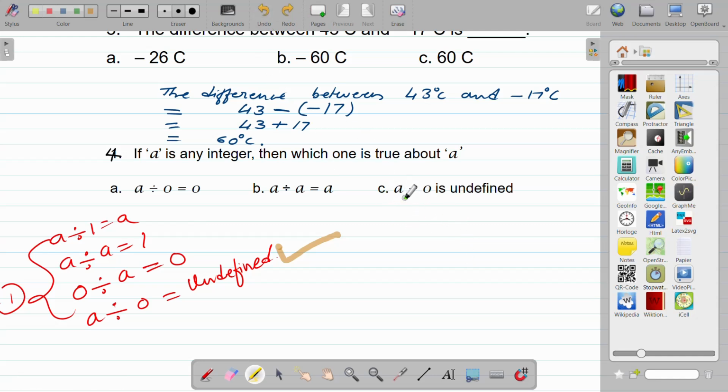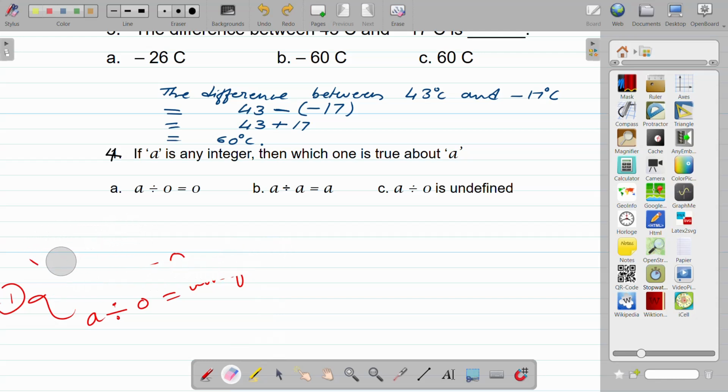So obviously we should be perfect with all the four properties. If you are perfect, easily you will write that option C is correct. That is A divided by 0 is not defined. Okay, so whoever has got not defined, it's correct. Along with that, remember these four properties, not only these four, addition, subtraction, multiplication, division, all those things you should know.